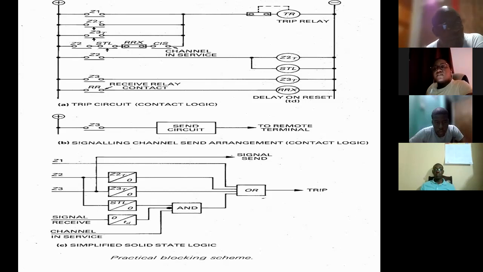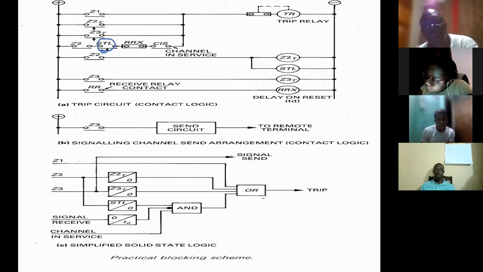The direct transfer would be fastest because it's, well, not really, that's not true because it is sending a signal. But for your blocking, we introduced the short time lag, all right? So this contact, the short time lag, remains open for a time t. So we just delay it slightly. Obviously, this time would be less than your zone 2 timer, all right?